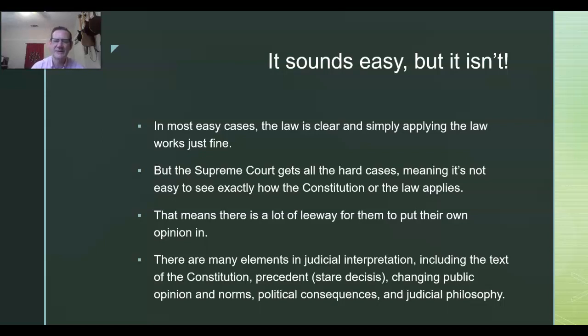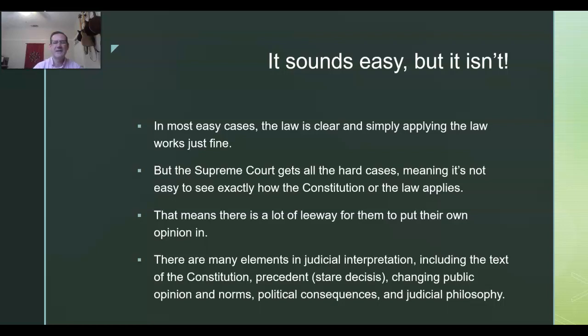So all the places where the law isn't clear, where the Constitution can be read in different ways, all of those end up at the Supreme Court, okay? And because of those unclarities, when you're at the Supreme Court level, there's a lot of leeway for them to put their own opinions into it, okay?